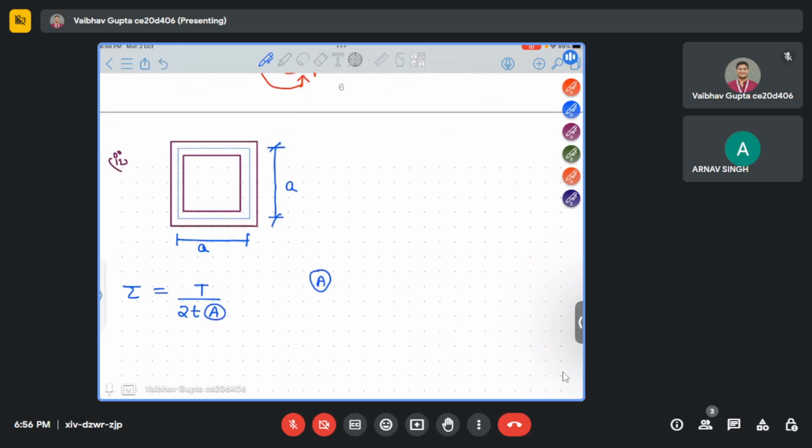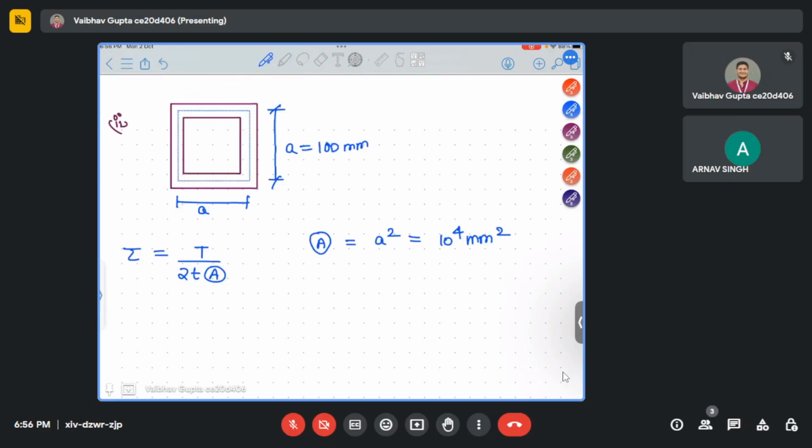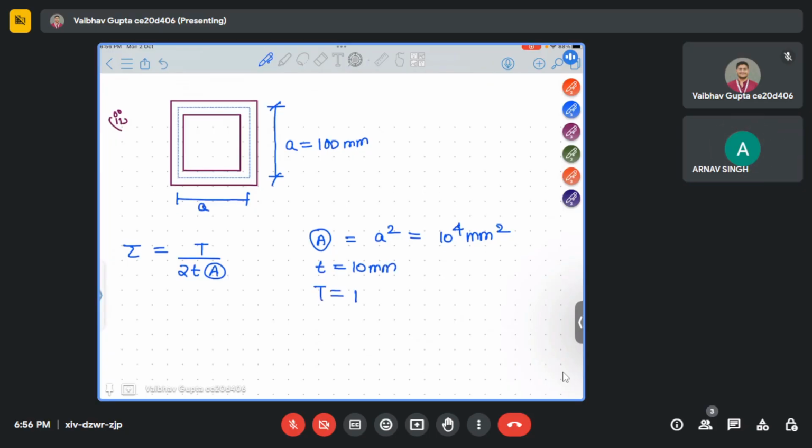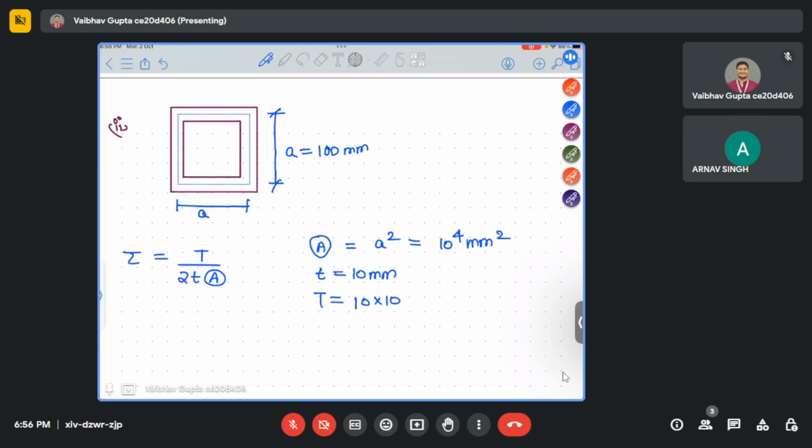The enclosed area here will be equal to a square. Suppose a is given to us as 100 mm, so it will be equal to 10 to the power 4 mm square. Understood? t is given to us earlier as 10 mm, and the torque applied was 10 into 10 to the power 6 Newton mm.